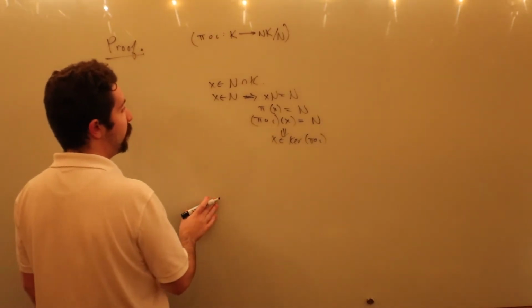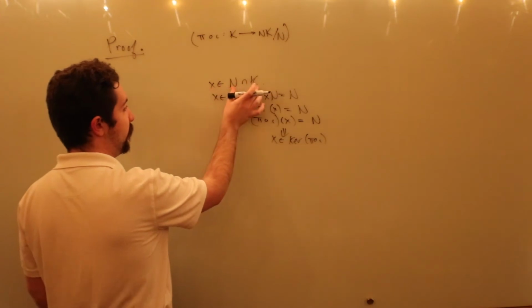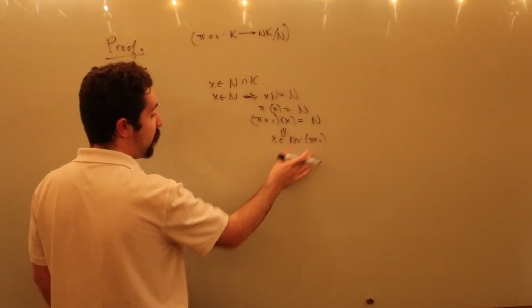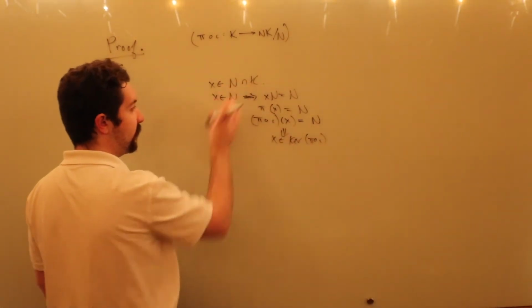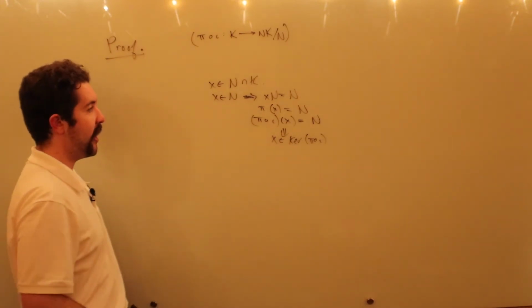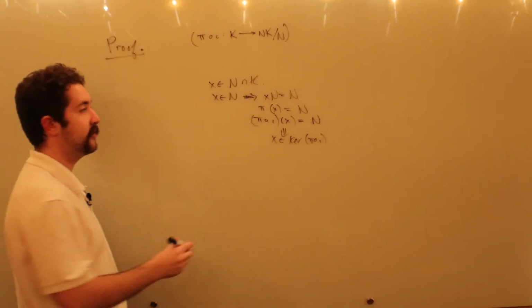Now, since we have shown in both directions that x in this intersection implies it's in the kernel, and that x in the kernel implies it's in this intersection, for arbitrary x, we can conclude that these two sets are the same.